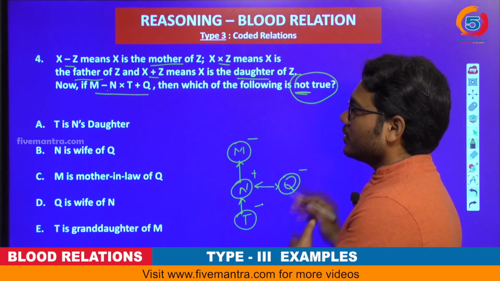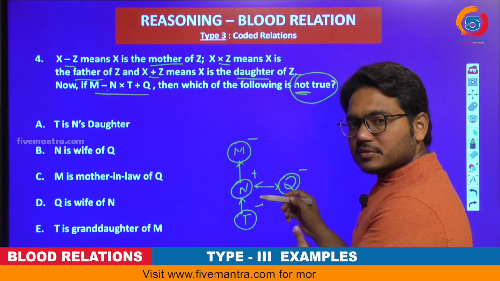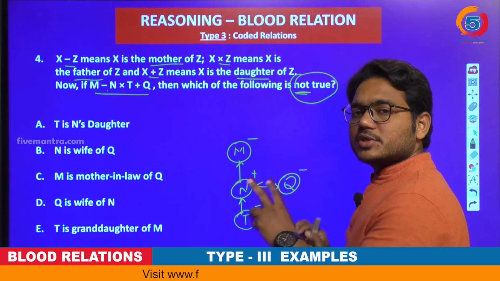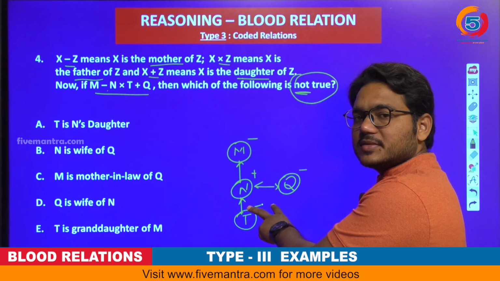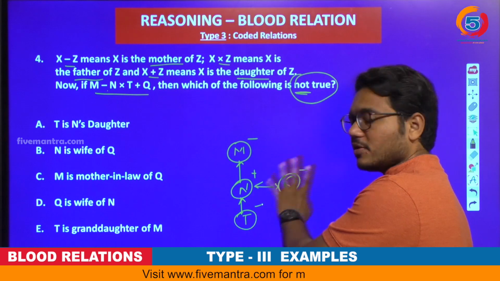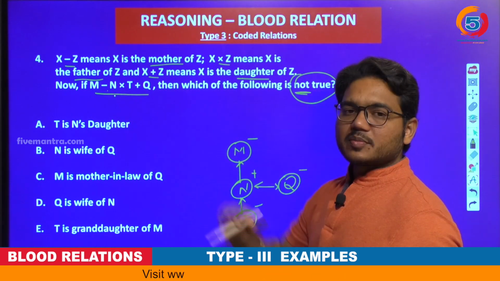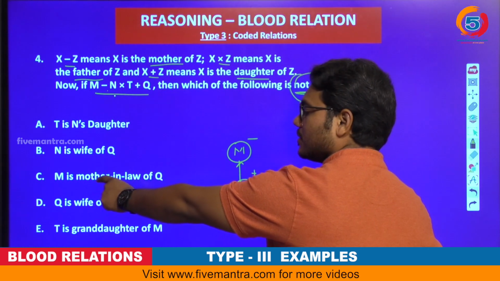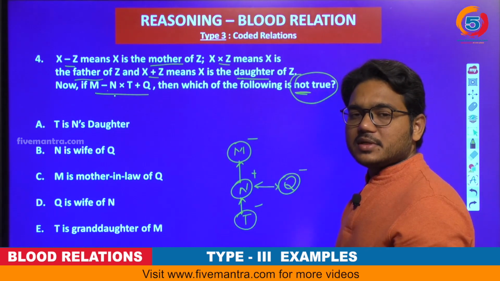T is daughter of Q. T's father is N and T is daughter of Q. From these two statements you can understand that N and Q are a couple. So N and Q are parents of T. So this is the relationship tree based on this statement, isn't it? So try to check the options, the option which is not true based on this relationship tree.